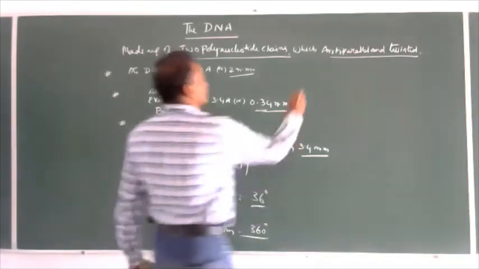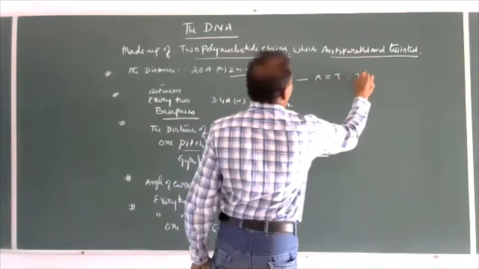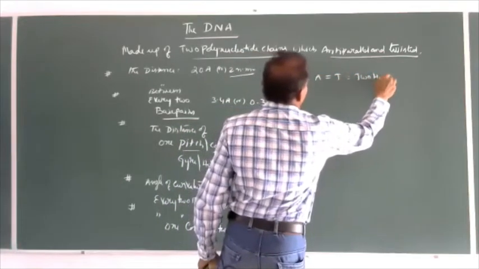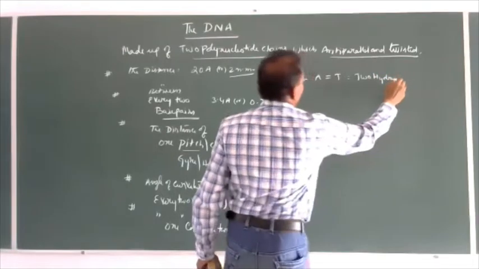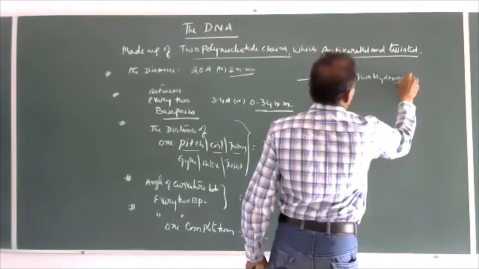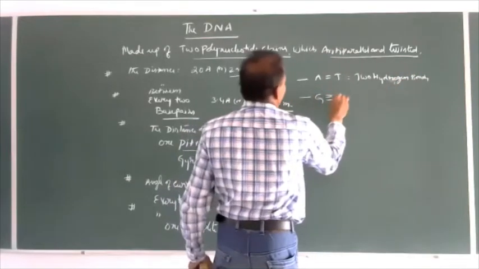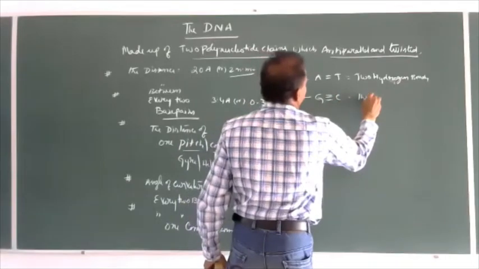And always A bonds with thymine with two hydrogen bonds, and G with cytosine always with three hydrogen bonds.